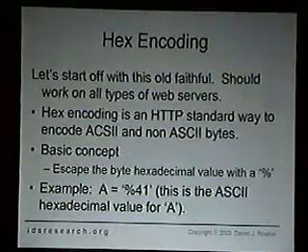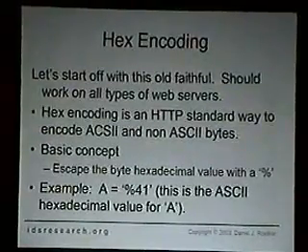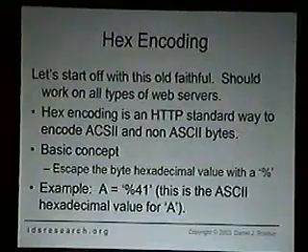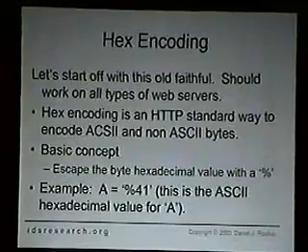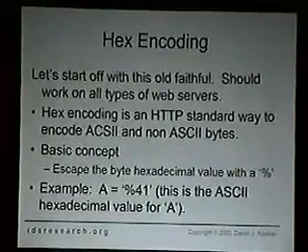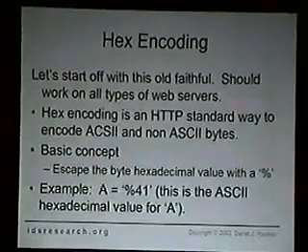So basically, the concept behind this is you look up in your ASCII map the character you want to encode. You look up the hexadecimal value, not the octal or the decimal, but the hexadecimal. For example, what we're going to probably be using throughout this presentation is the capital letter A. The hexadecimal value for that is 41. So how hex encoding works is in the URL, you escape it with a percent, and then you put the characters 4 and 1.